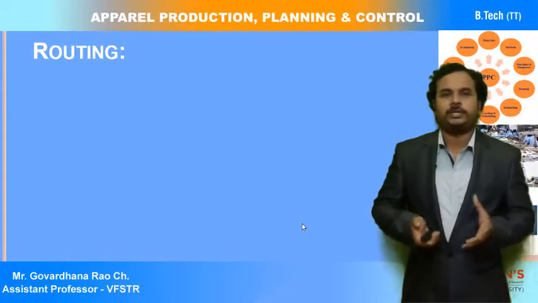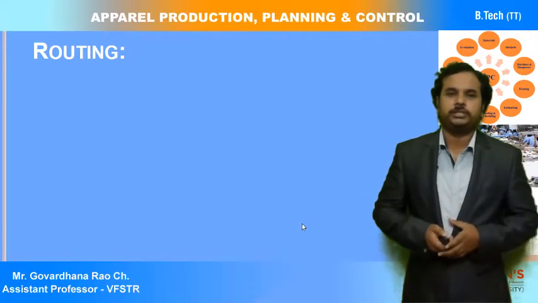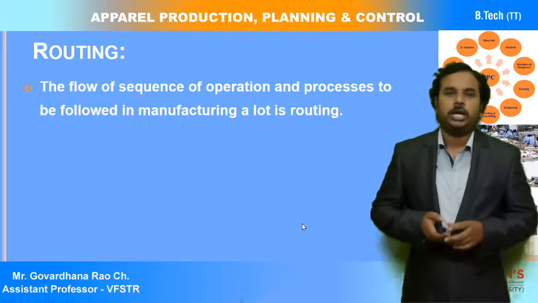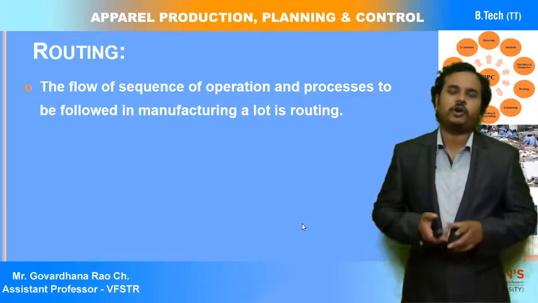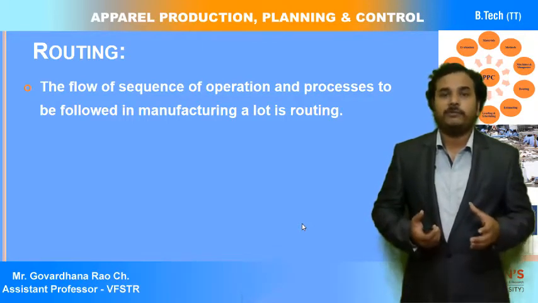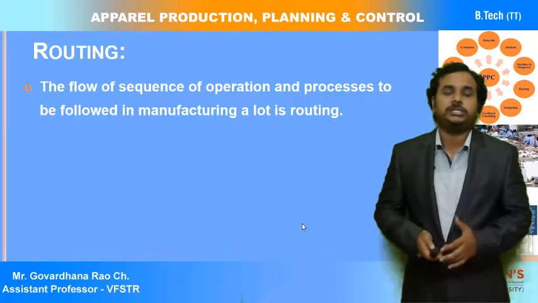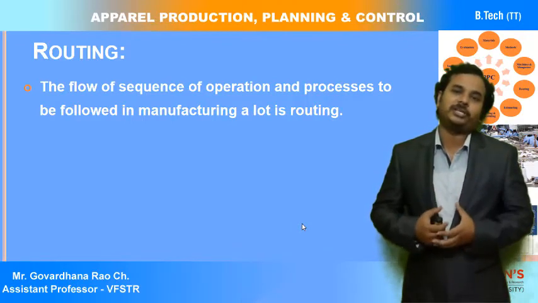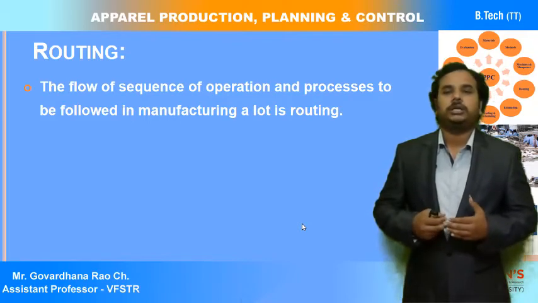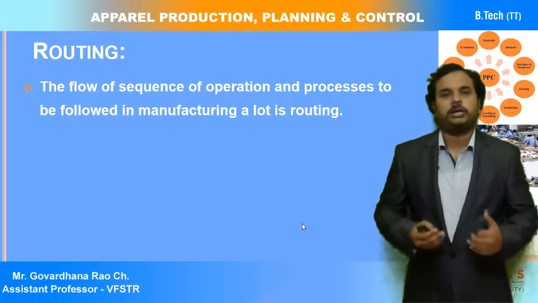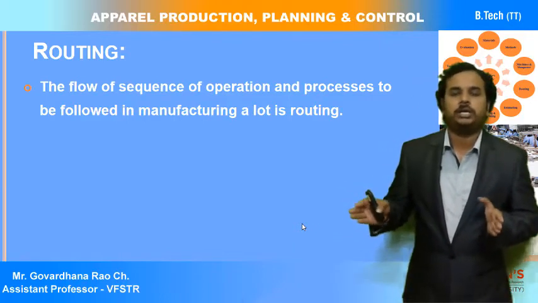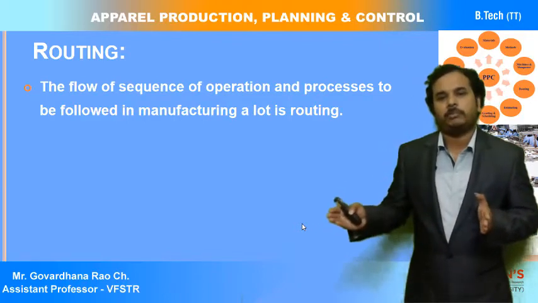Now we will look at the fourth one, that is routing. Routing is the flow of the sequence of operations and processes to be followed in manufacturing. Routing is nothing but the flow of the sequence of operations required to manufacture the garment.